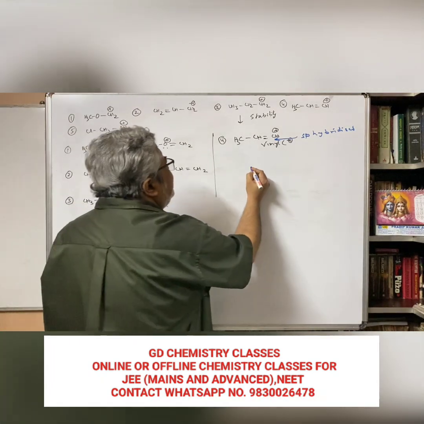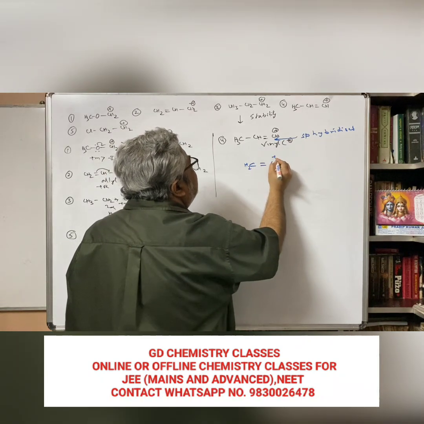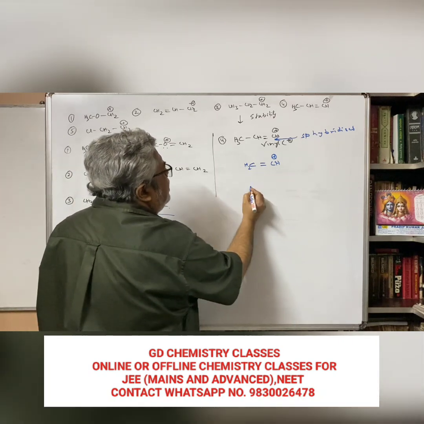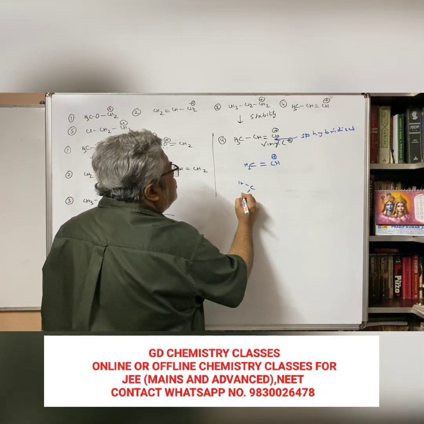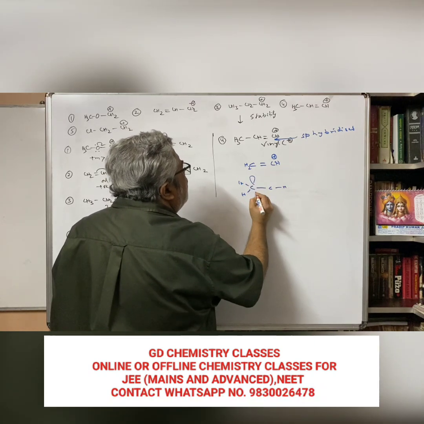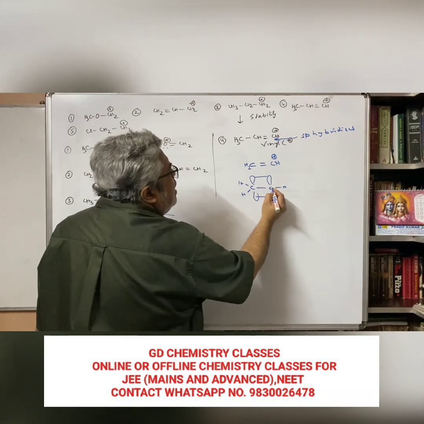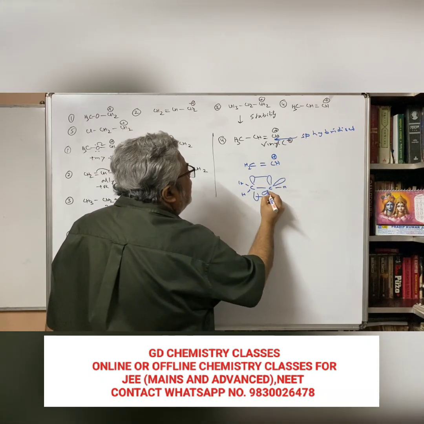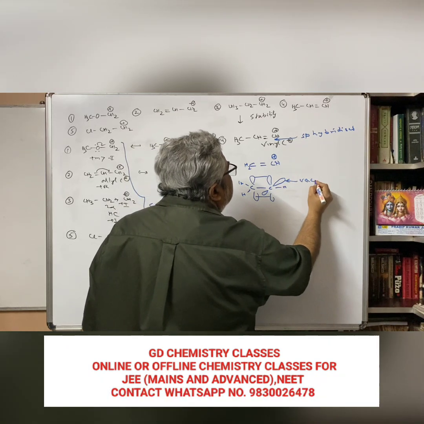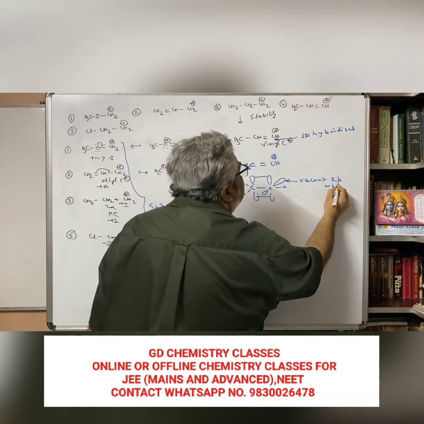If we take the simplest vinyl carbocation, let's check the diagram. Why should you take my word that it is sp hybridized? If we look at its diagram, there is this pi bond, and this is the vacant 2p orbital.